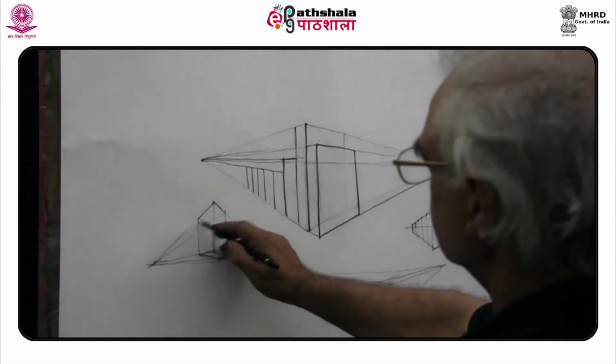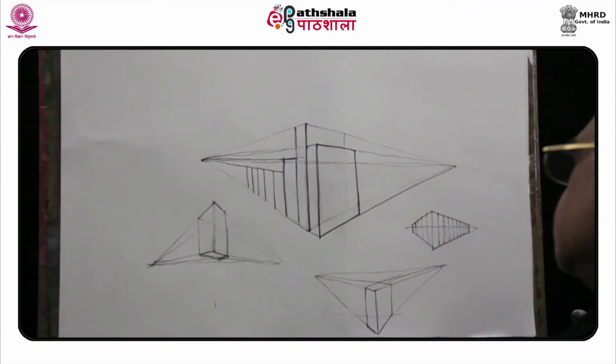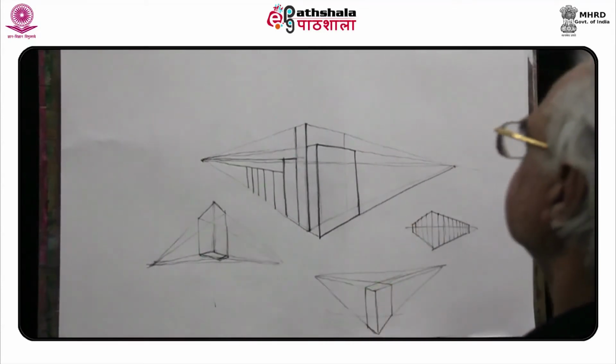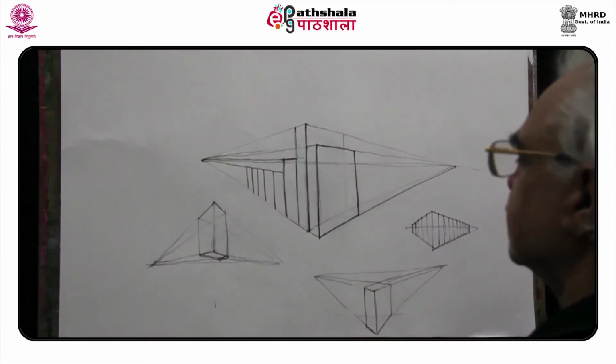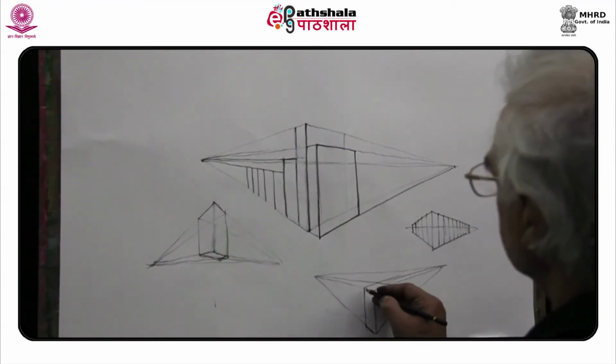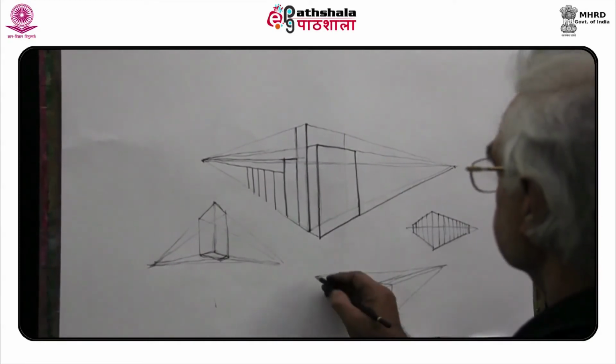So these are the three main perspectives we have exercised: at eye level, below eye level and above eye level. It is very important to practice from all these perspectives to understand the drawing and placement of the objects. It is a mechanical subject.